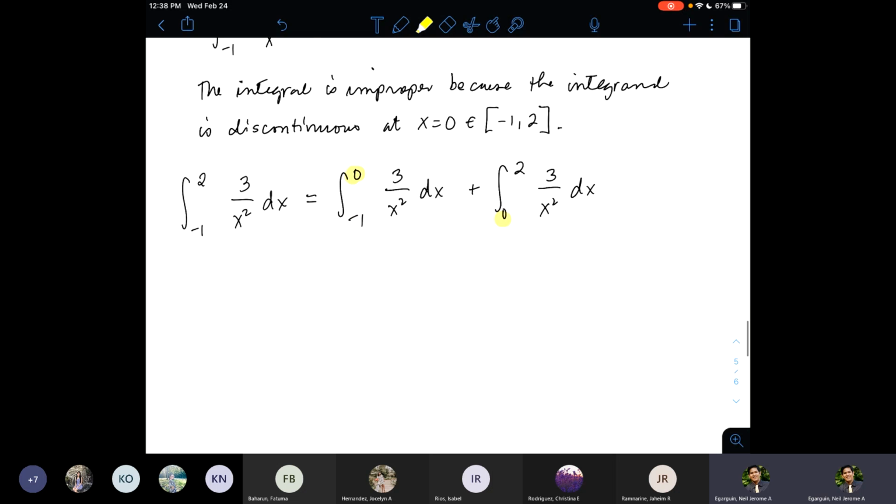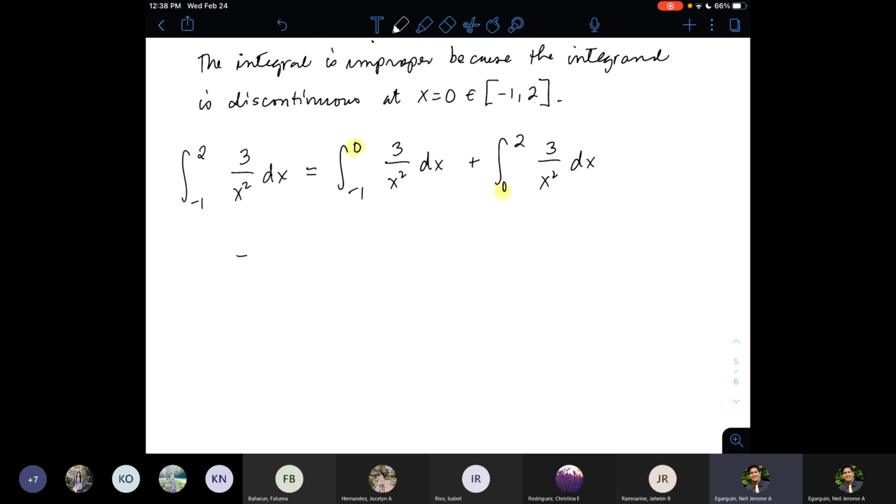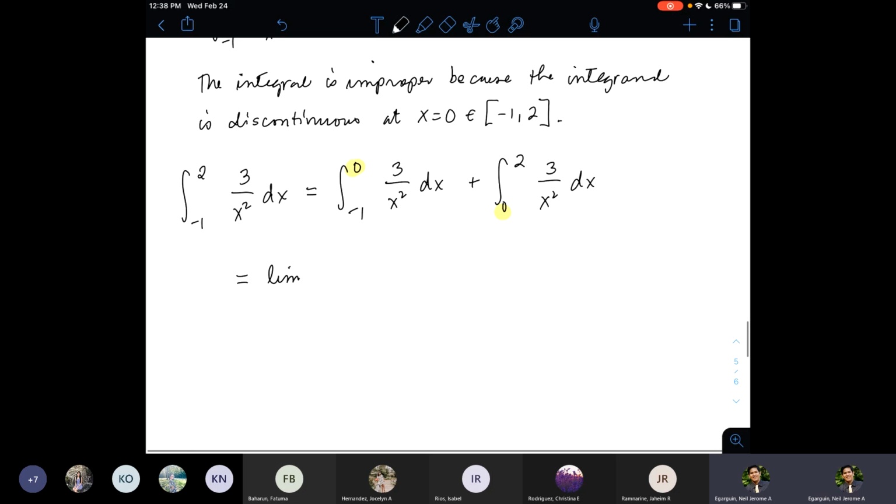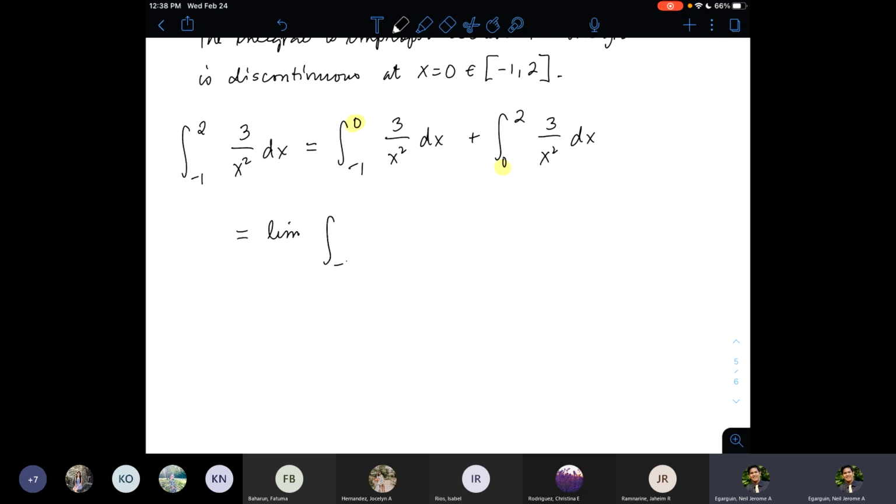Okay? And then we use the limit notation here. I'll replace 0 by another name. For the first integral, I'll call it b, 3 over x squared dx. And here I want b to approach 0 coming from the left. Because on the first integral, we are concerned with the interval -1 to 0. And the only way we can approach 0 through that interval is approaching it coming from the left.